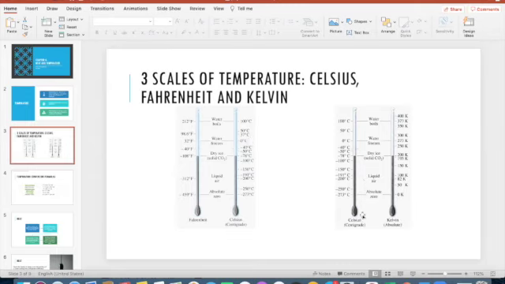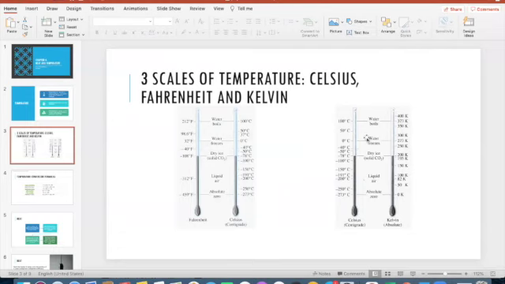On the right, you have a temperature comparison between Celsius and Kelvin, which Kelvin, again, is the SI unit temperature. Here you have water boiling at 100 degrees Celsius, but it boils at 373 Kelvin.